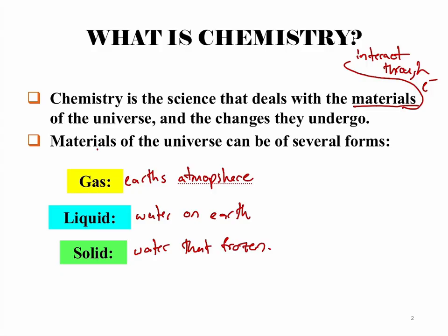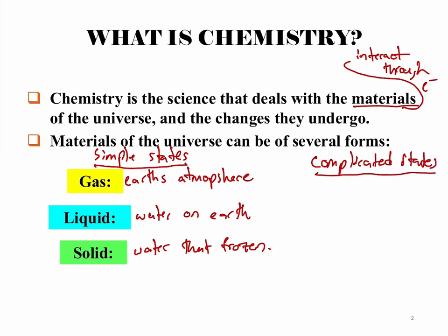So these are the simple states of matter, and simple is a relative term. And then there are complicated states. When I say a state of matter, that just means how do we classify it, based off the distance between the atoms? So we can have something like a plasma. Does anyone know where we might see a plasma?